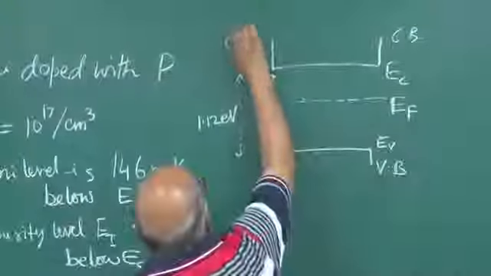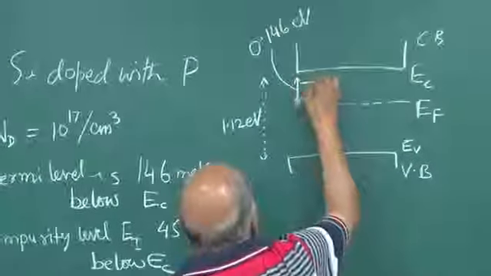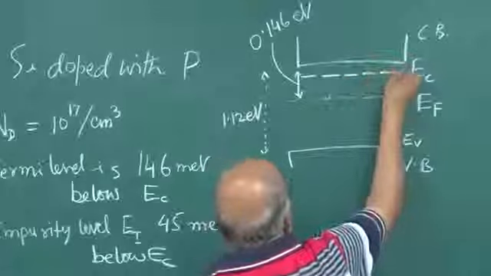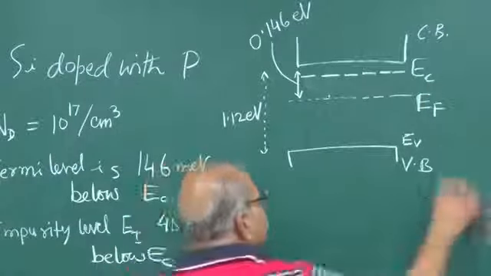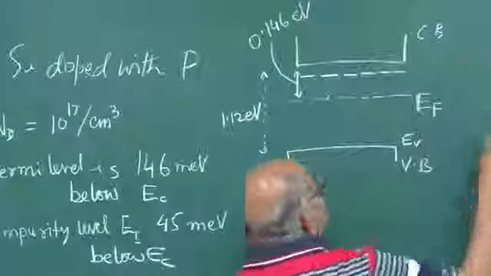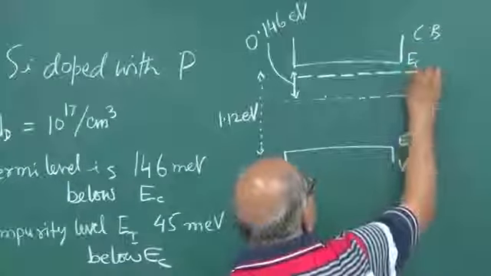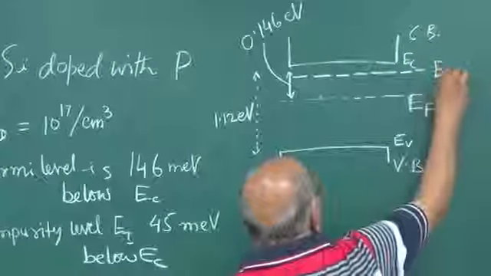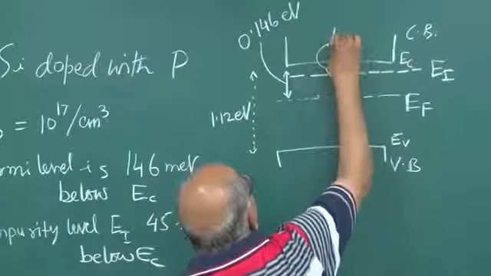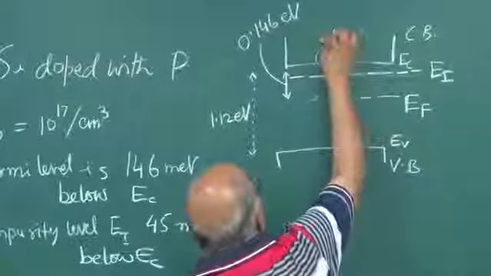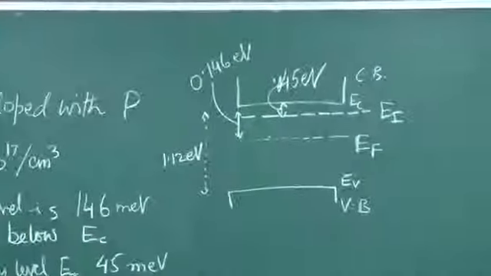This is 0.146 eV, and then the impurity levels are formed somewhere here. Okay, it's a lot of space problem. So this is EC, and then this is EI, the impurity level, and this separation is 45 meV, so 0.045 eV. So these are the data given.